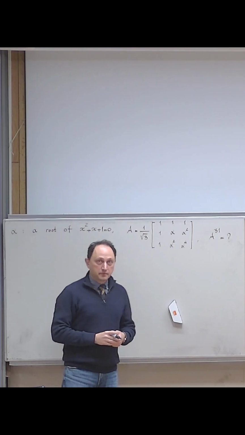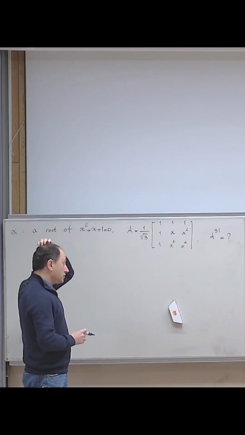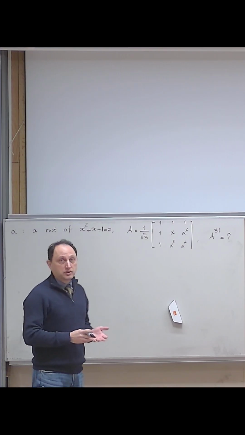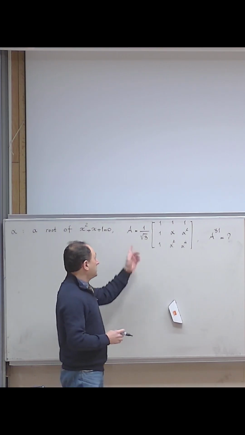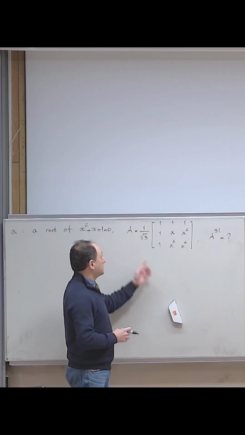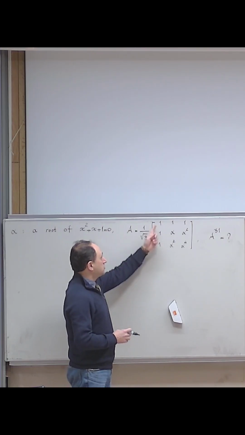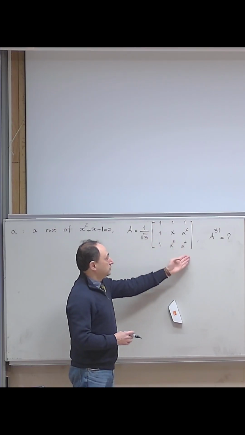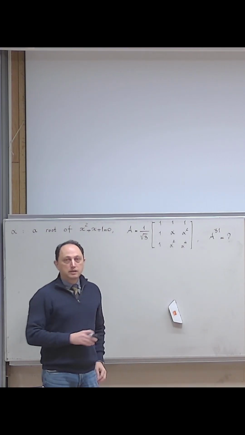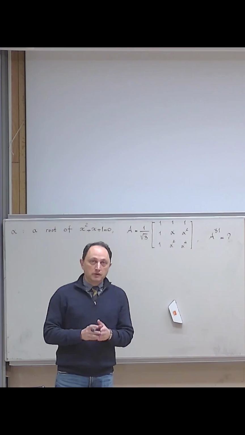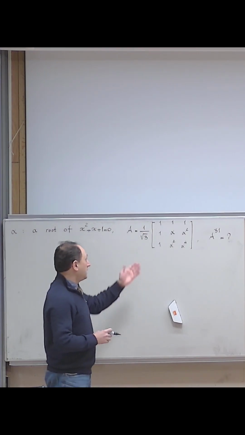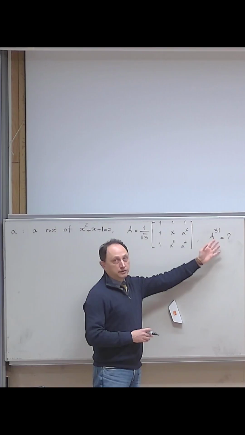Of course, not all matrices are diagonalizable, but this matrix is symmetric, meaning that the transpose of this matrix is equal to itself. So it is completely symmetric with respect to the main diagonal. So definitely this matrix is diagonalizable, and I can diagonalize it and calculate A to the power of 31.